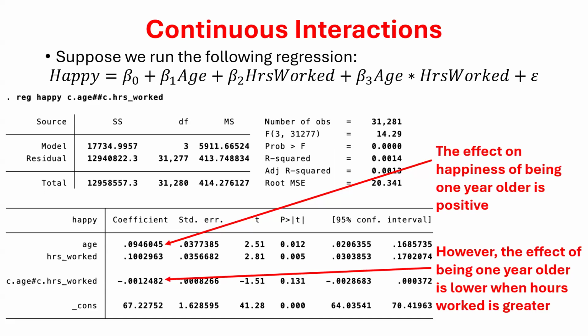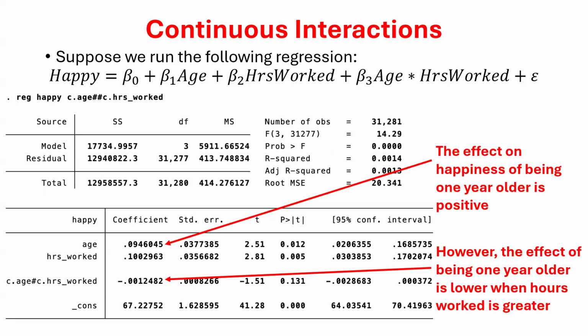Well, if this is 0, it's 0.0946, or just that coefficient on the non-interaction term. That's where the marginal effect of age starts out if the variable I interacted it with was equal to 0. Now, hours worked could be 0 when people are unemployed, but it's not the most likely thing we're going to make predictions for.